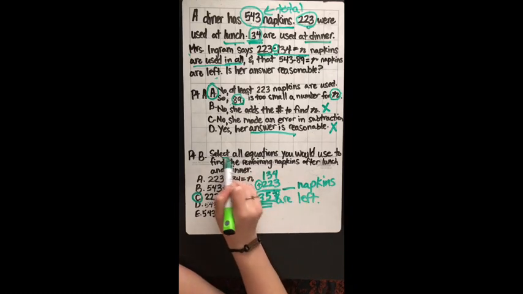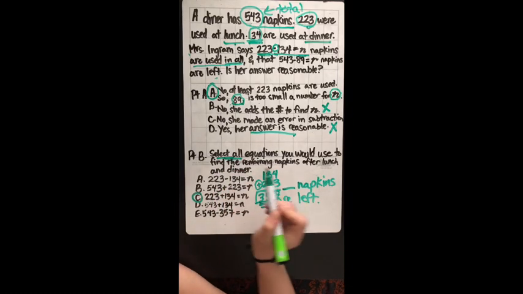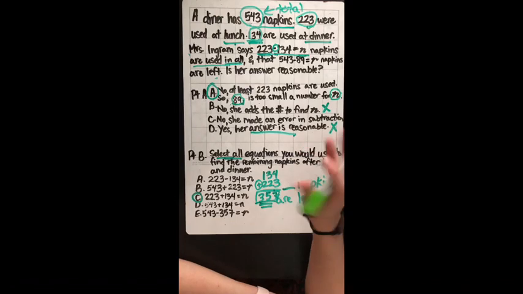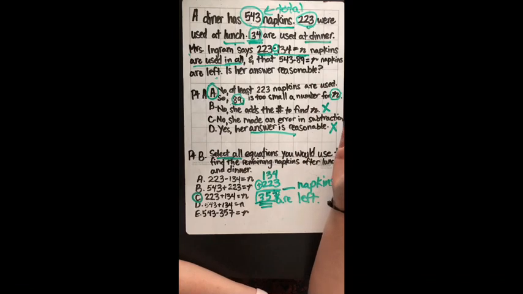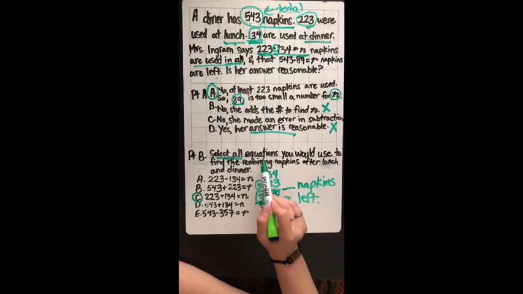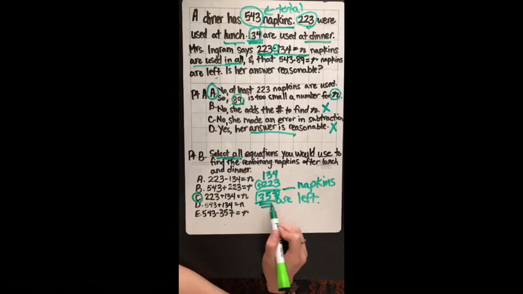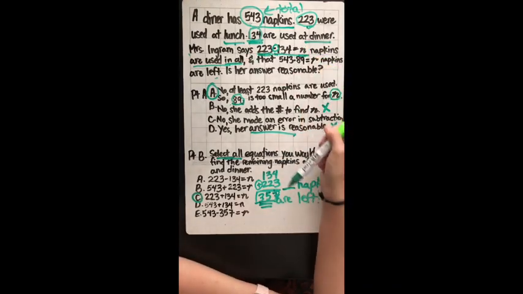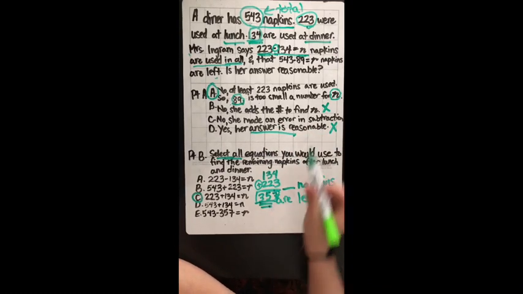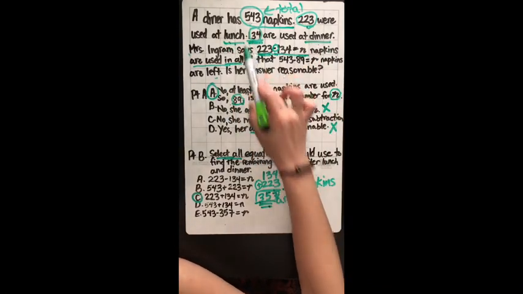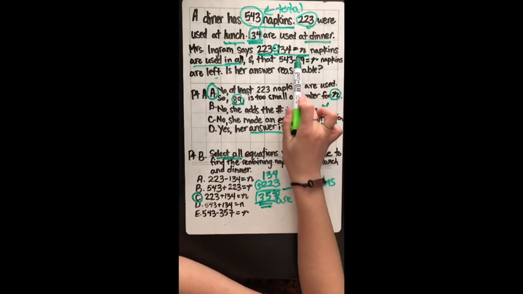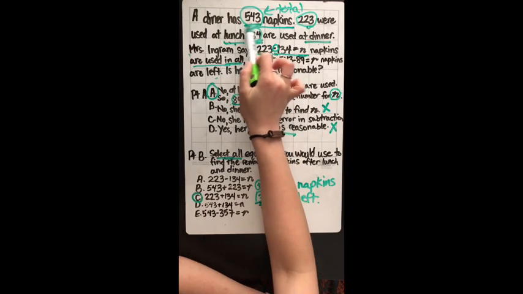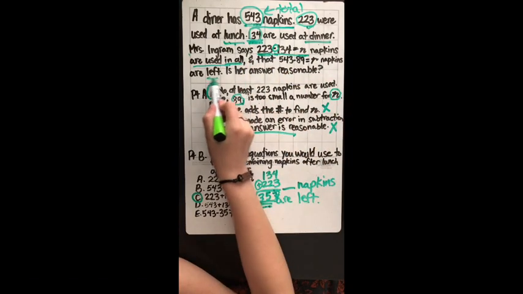But it says select all, so we know there's more than one. And really, we should have known that anyway, because it's a multi-step problem, which means we should have more than one equation. So we found our step 1. Now we have to solve step 2. If 223 and 134 is how many were used at lunch and dinner, now I have to figure out the difference between how many there were to start and how many are left.